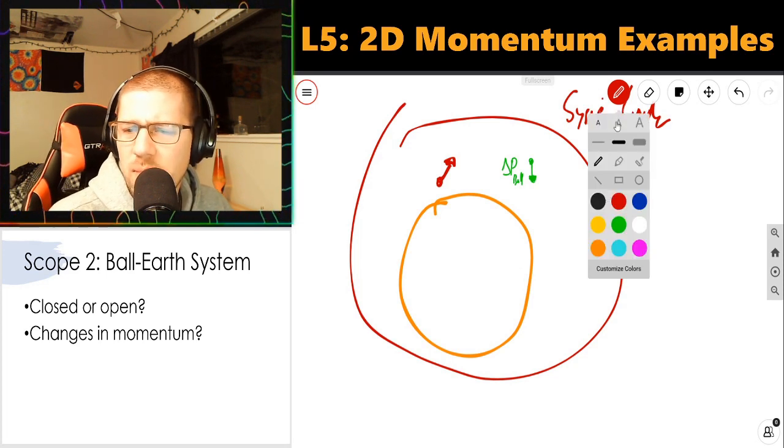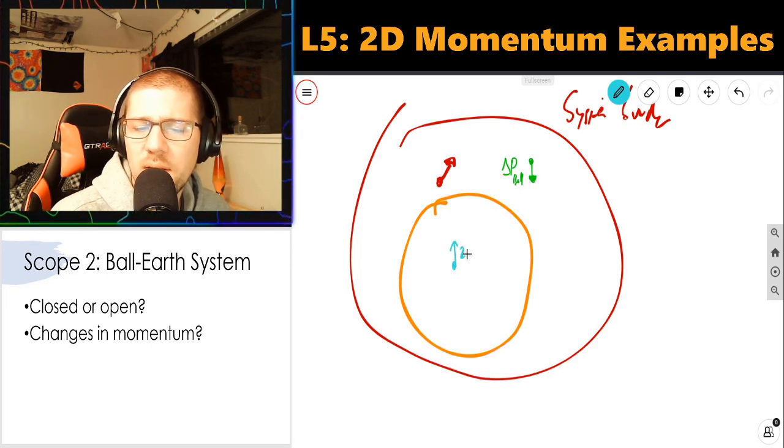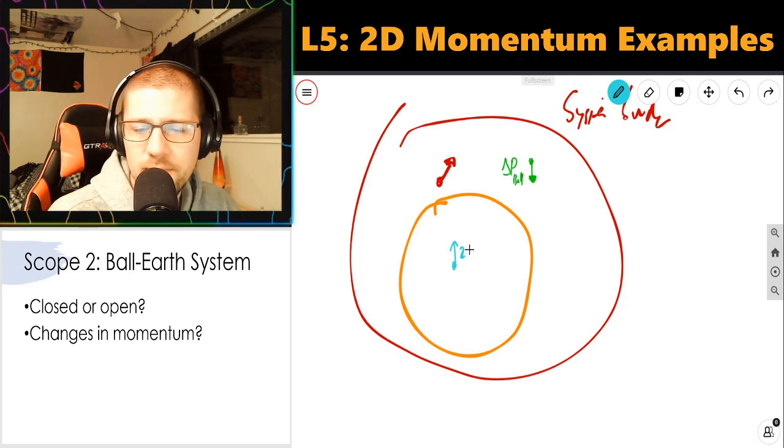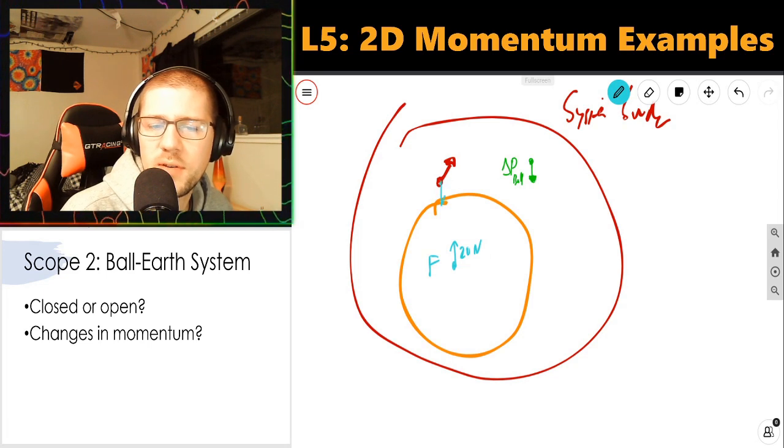But the force that the Earth experiences is the same, which means that it is 2 kilograms times g, so 20 newtons. So force, and I'll say force here, also 20 newtons. There we go, just to make it a little bit more graphical.